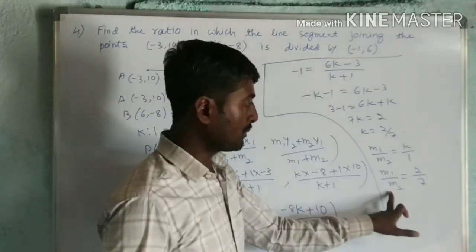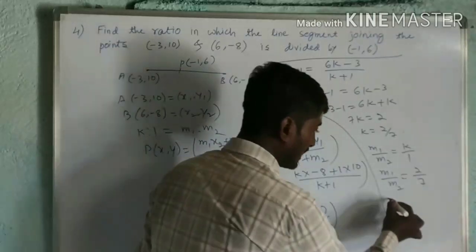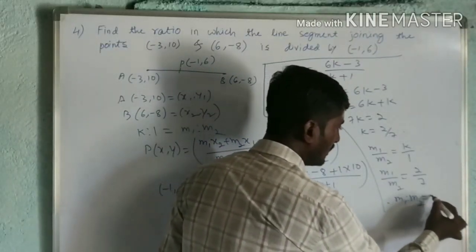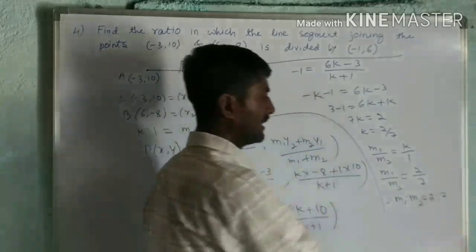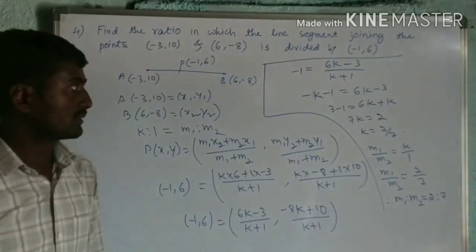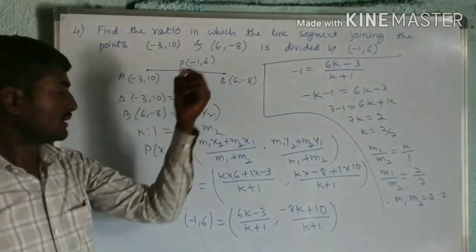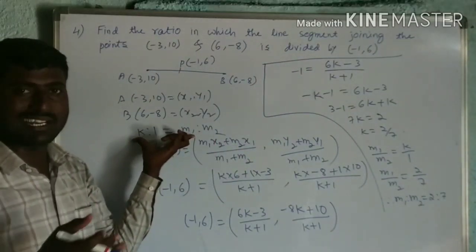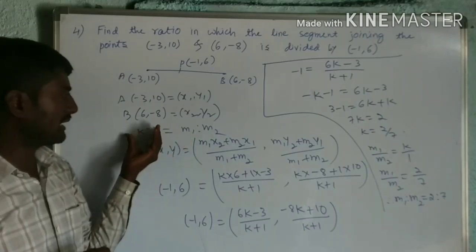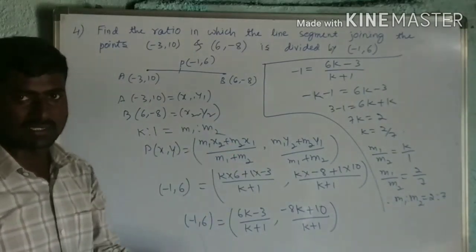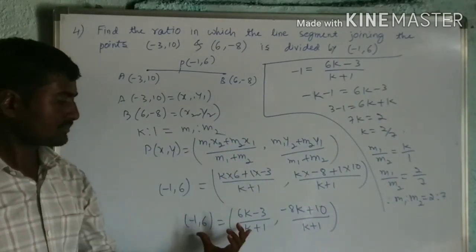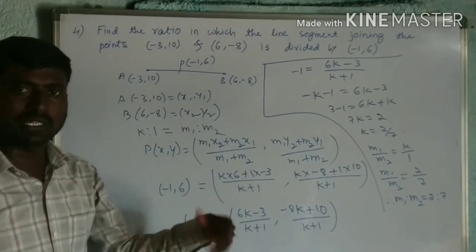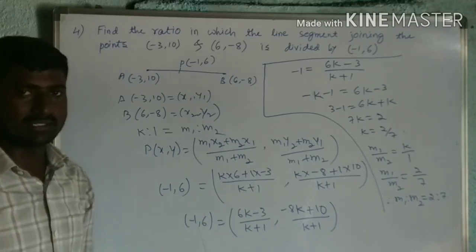So m1 by m2 is 2 divided by 7. Therefore m1 is to m2 is equal to 2 is to 7. So if they ask you to find the ratio, you must take k is to 1; then you will get it in easy steps. Otherwise you can take m1 as it is and m2 as it is, and if you solve by taking corresponding elements, you will get m1 divided by m2, that is the ratio. So that is another method also.